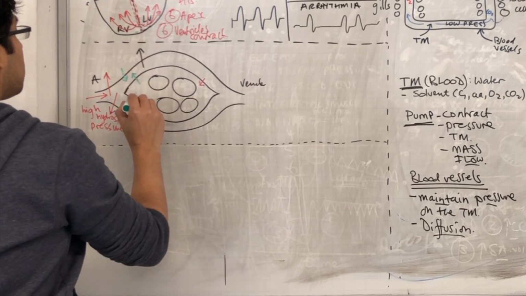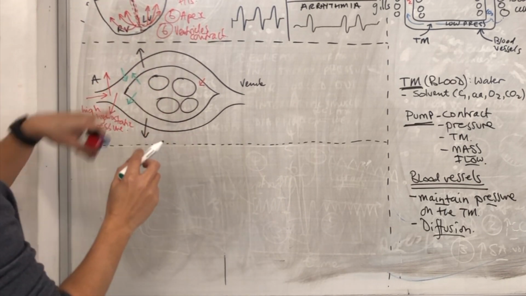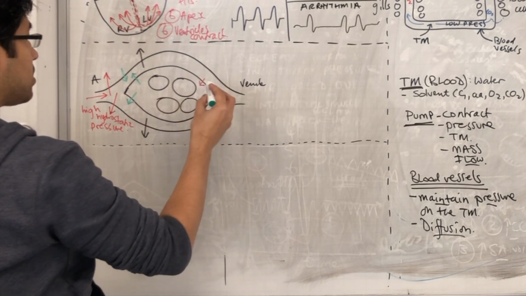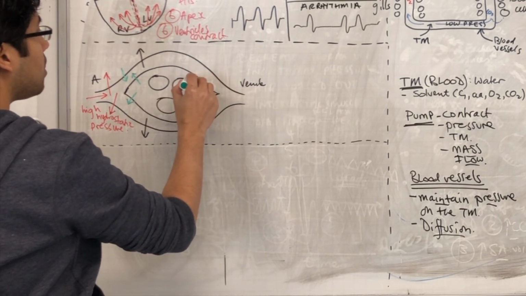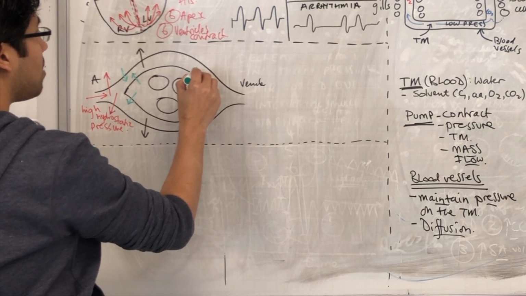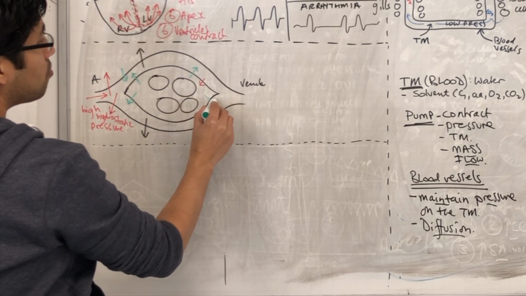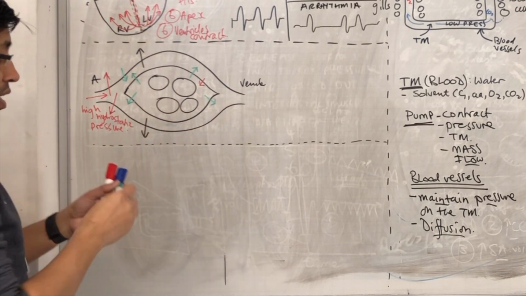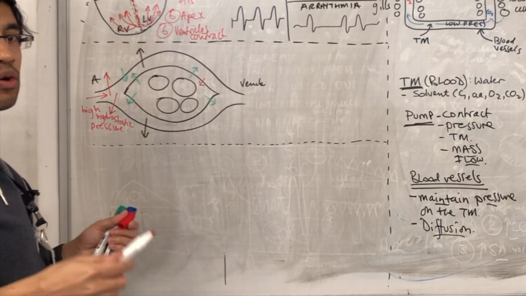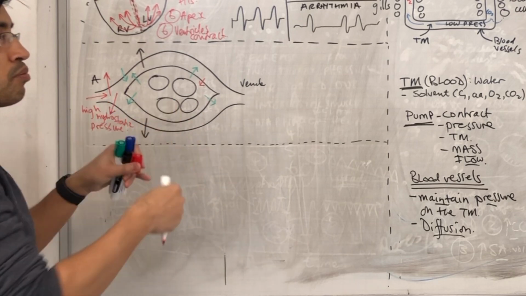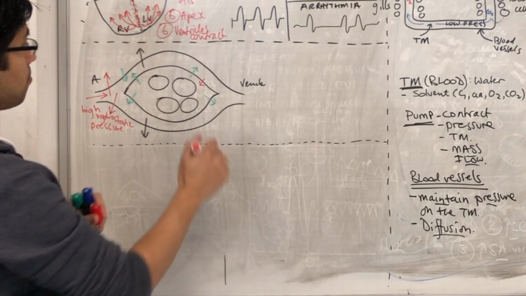At the beginning, the hydrostatic was greater than the oncotic, but now, not that the oncotic pressure has changed much, it's still the same kind of size, but at this point, the oncotic pressure is greater than the hydrostatic pressure. Or we could say that the hydrostatic pressure has fallen below the oncotic pressure.